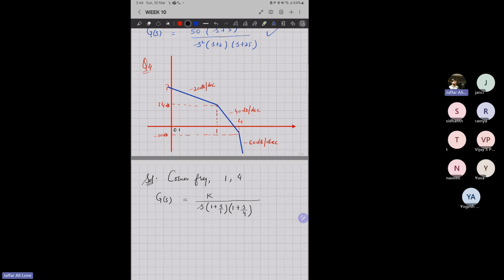So this is the general form. Then it's a type 1 system. You need to find the value of K. Please go ahead and tell me the answer. Tell me the value of K both for time constant form as well as for general form, standard form.